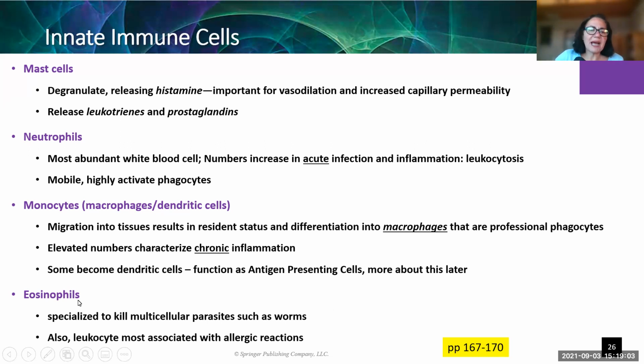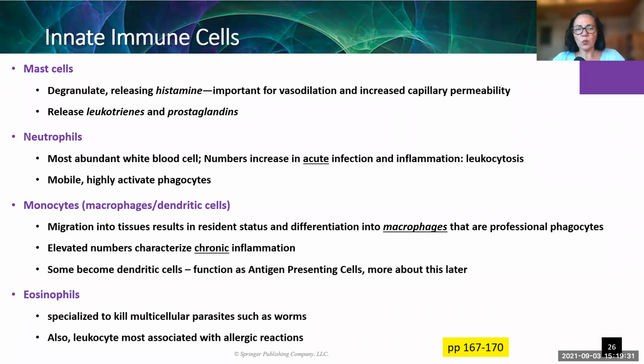And then in passing, I'm going to mention eosinophils. Their job is to respond to multicellular parasites, things like parasitic worms. They don't have a lot to do in this country because we don't end up with a lot of parasitic worm infections around here.